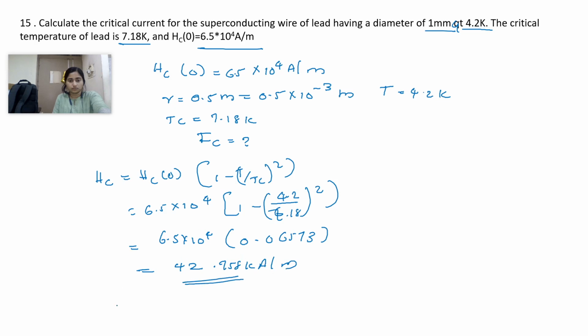From this HC value you have to calculate IC. IC you know already, it will be 2 pi r HC. So substitute the HC value, pi and r value, and you will get the answer for IC.